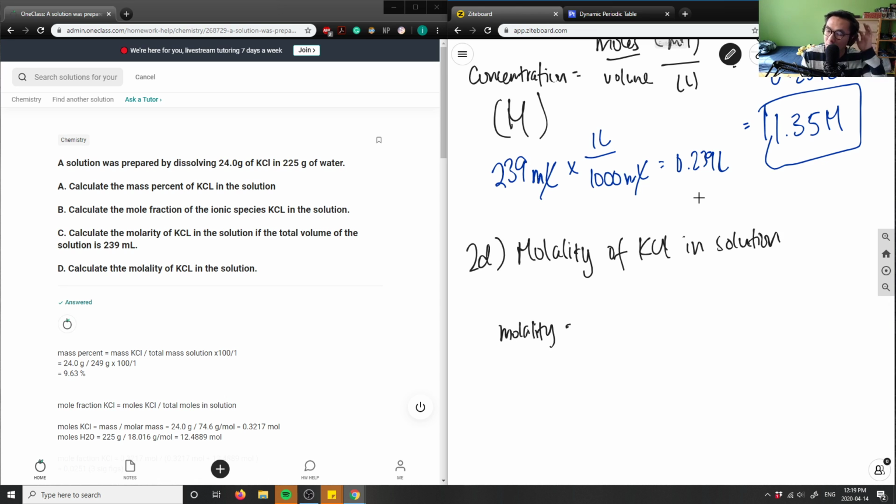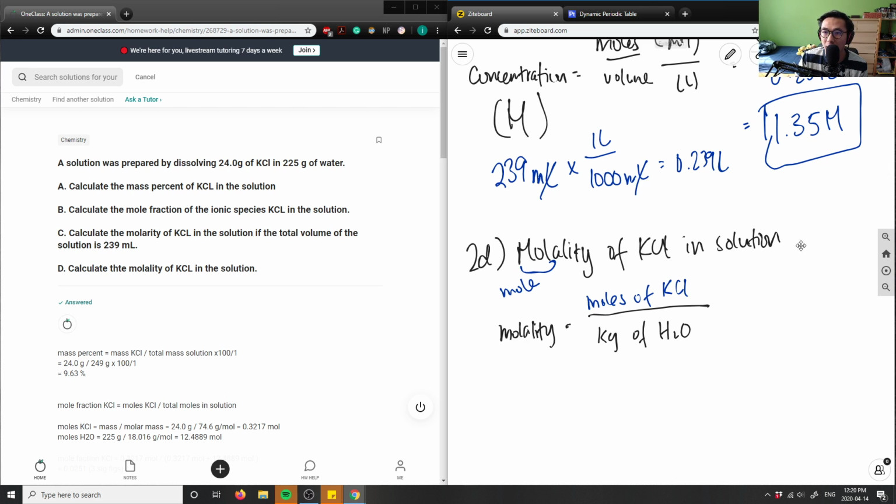Molality equals the moles, obviously, because the word mole is in molality. So it's the moles of KCl, because that's what I need, divided by kilograms of solvent. In this case, our solvent is water, so this is kg of water.